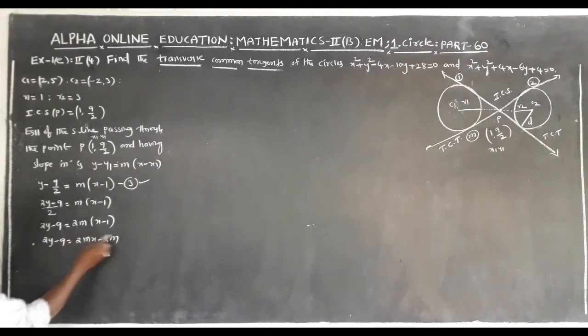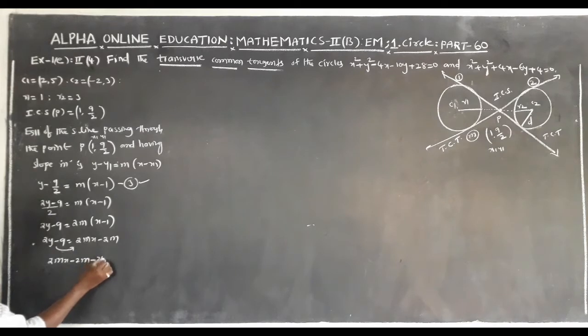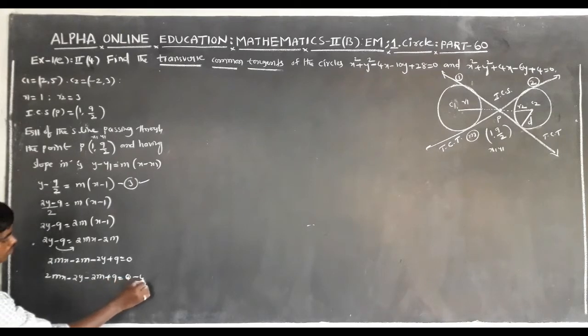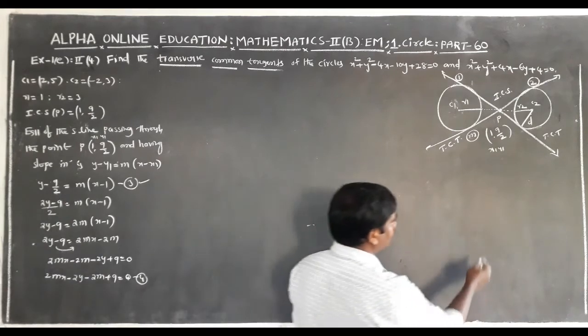Taking 2y minus 9 to the right side, 2mx minus 2m minus 2y plus 9 is equal to 0, that is 2mx minus 2y minus 2m plus 9 is equal to 0. This is the equation of the line.